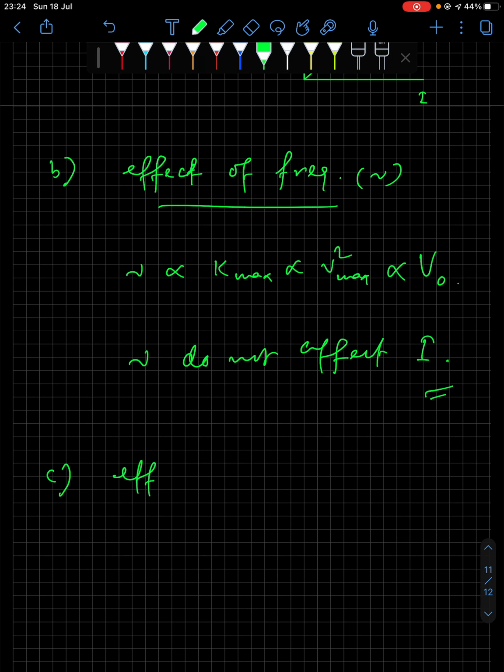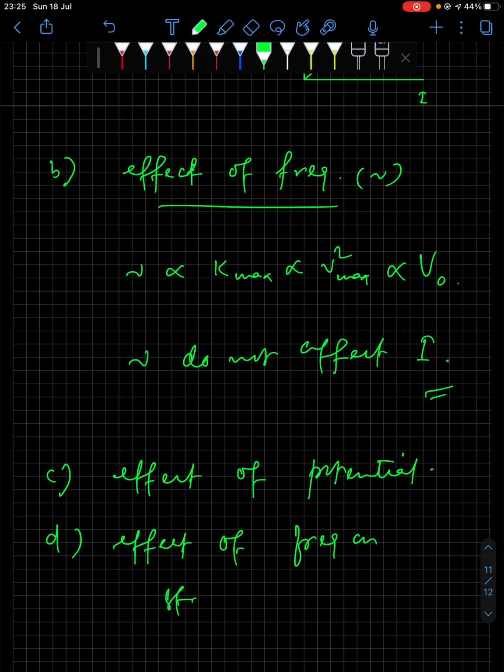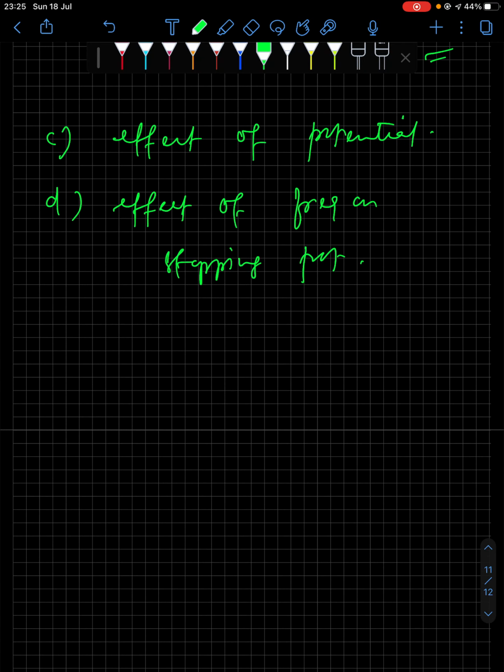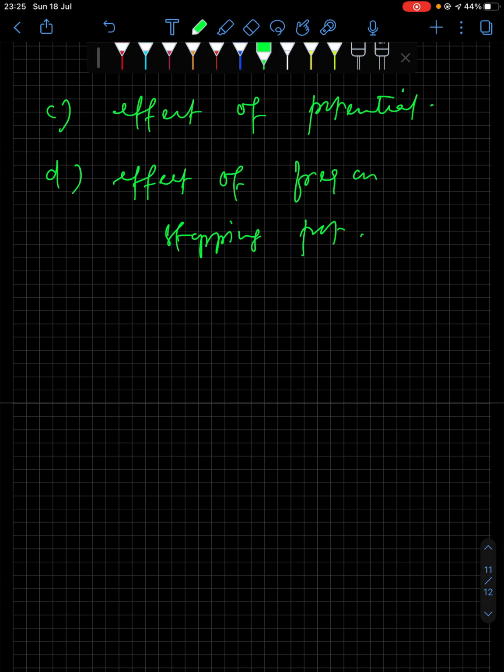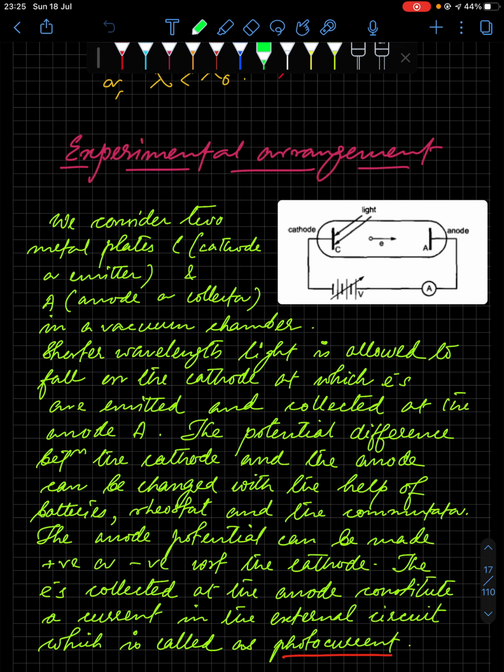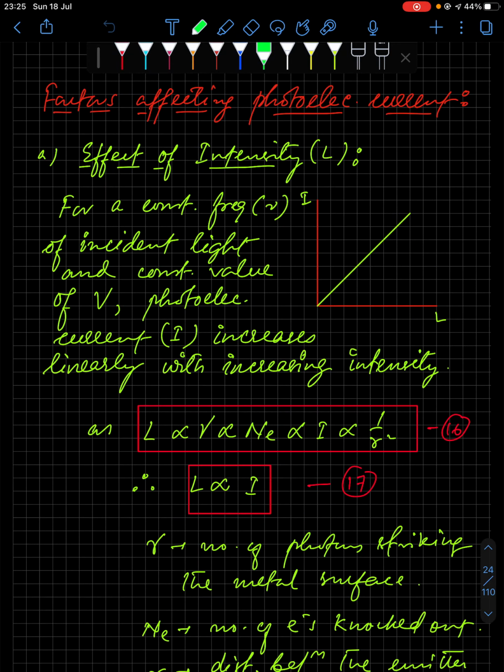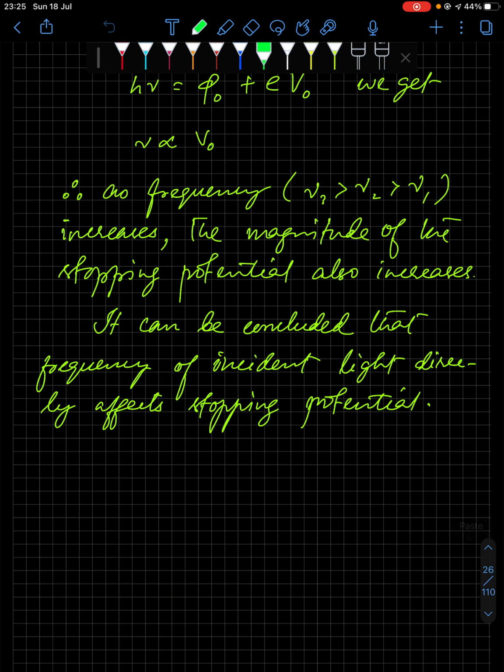Number C is the effect of potential, and number D is the effect of frequency on stopping potential. I'll combine these two discussions together, because if I have to elaborate this, there's a lot of talk I have to do.